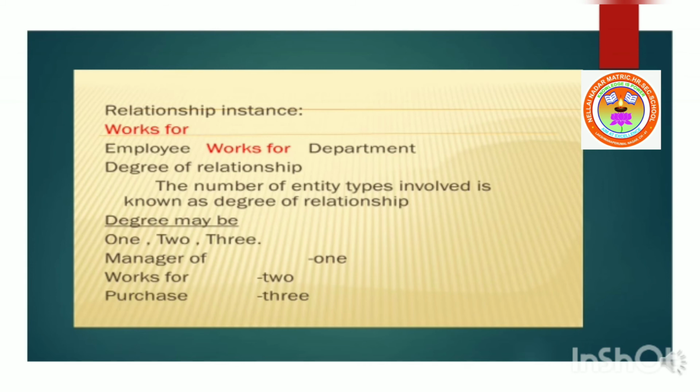Next is degree of relationship. Degree means the number of entity types involved is known as degree of relationship. Degree may be 1, 2, or 3. Manager of this company works for, purchase, like that.